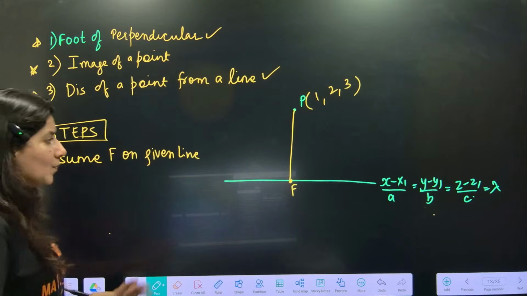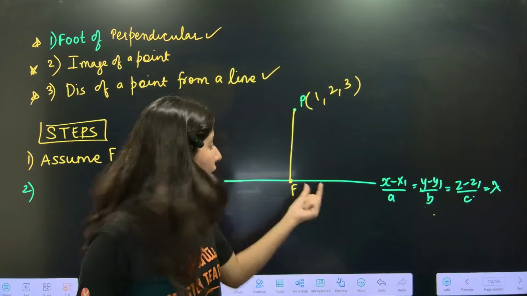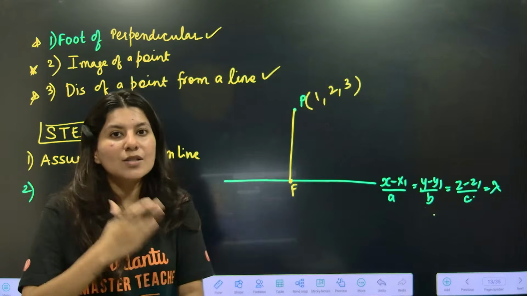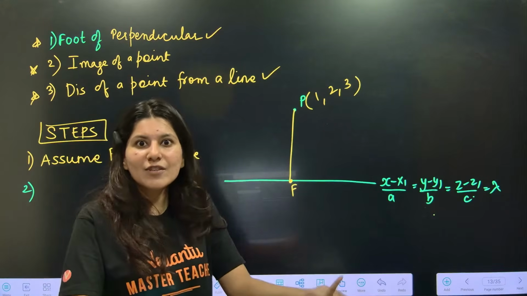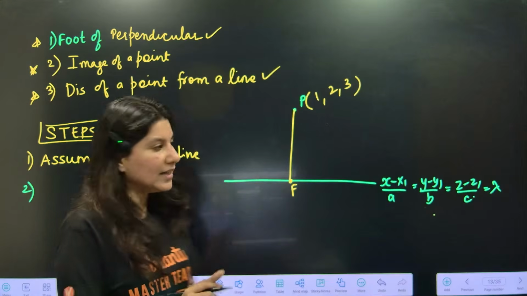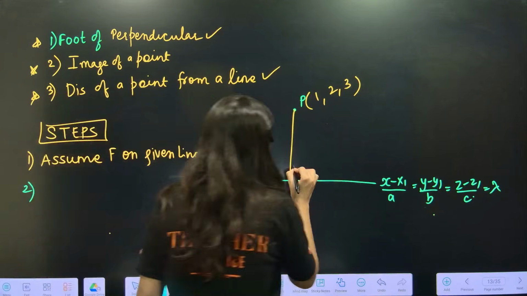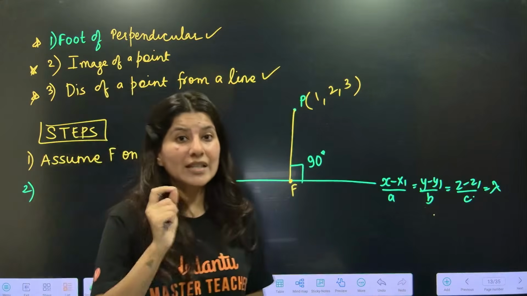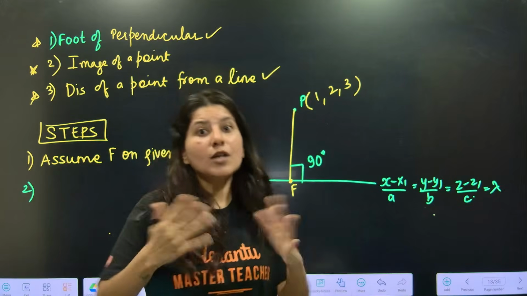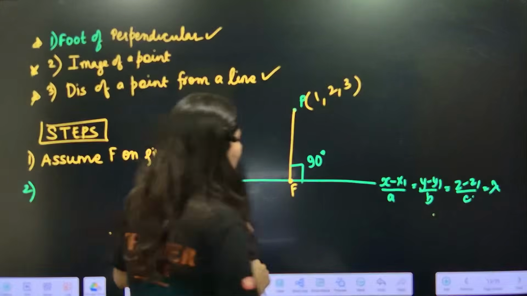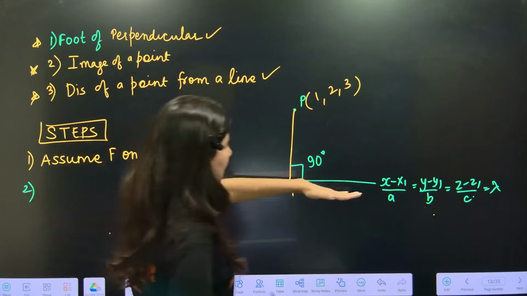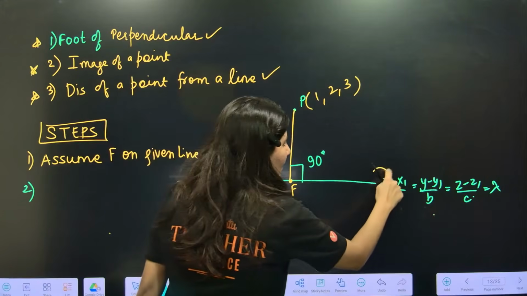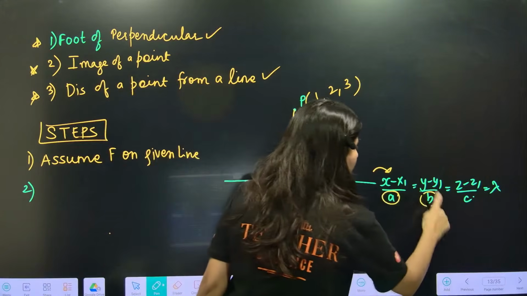Second, understand, if you have assumed F in terms of lambda, you are just looking for lambda. If lambda is sorted, then F is sorted and the whole question is done. How to get lambda? I can see a 90-degree angle over here, and I know that whenever two vectors are perpendicular, the dot product becomes 0. Which 2 vectors are perpendicular? This line has a direction a, b and c.